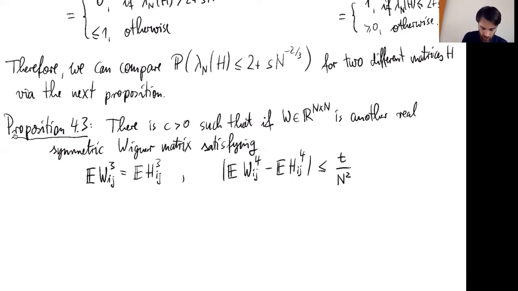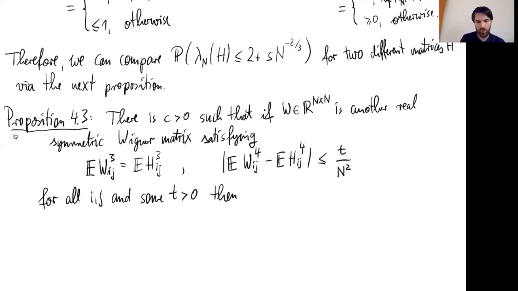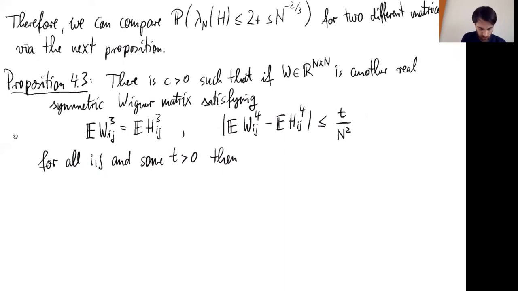Of course we want this for all entries i and j, and some t bigger than 0. And then in this situation we can control the difference between the expectations of these test functions that we looked at before.